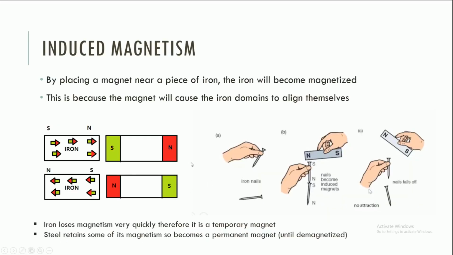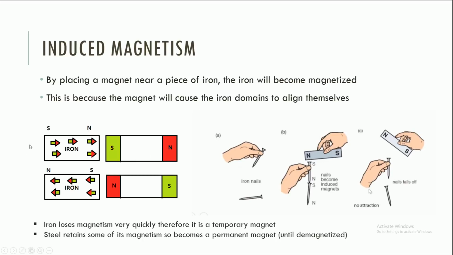So let's take a look at what induced magnetism is. Basically, by placing a magnet near a piece of iron, which I said again is ferromagnetic, the iron will become magnetized. This is because the magnet will actually cause the little domains in the iron to align themselves via the interaction of the magnetic field from the magnet.